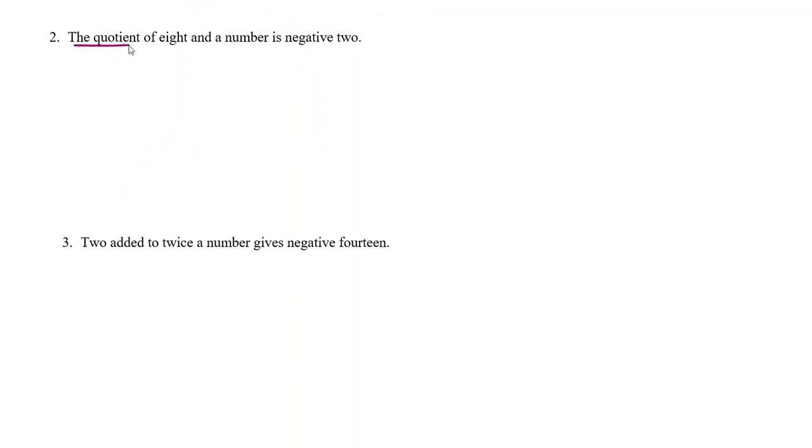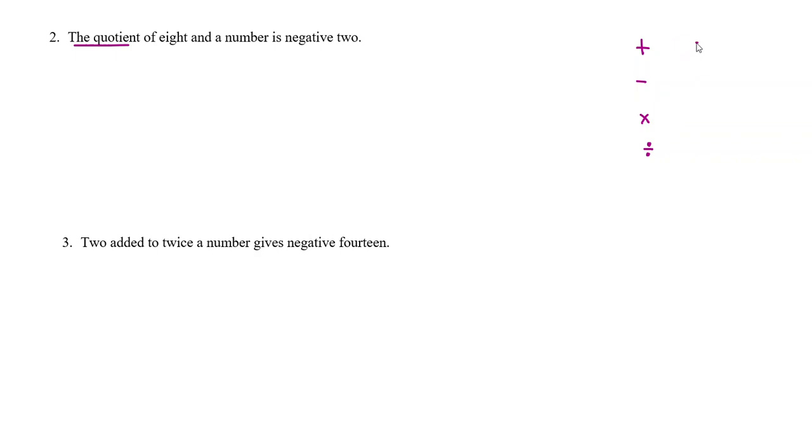The quotient, what on earth does that mean? Well, quotient is a fancy word. There's actually 4 words for the different operations, right? We've got addition, subtraction, multiplication, and division. And there's 4 special words that mean that, and that fall into one category.